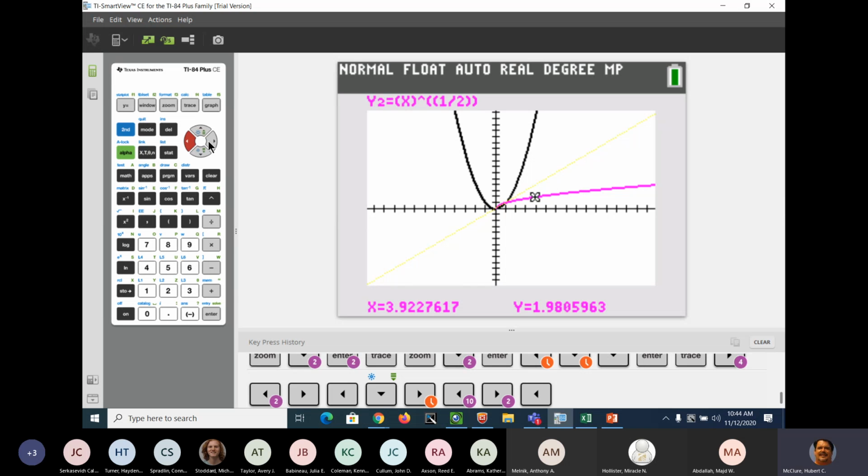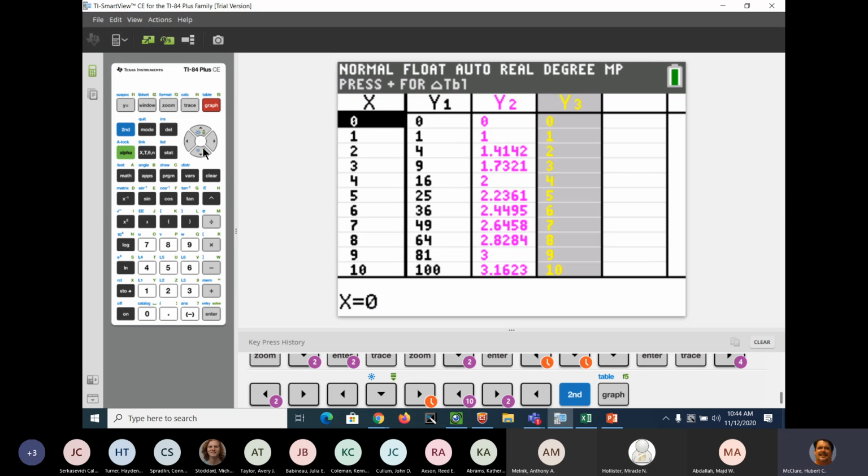Well, 3.92, you see it's getting toward 2. As soon as I get to 4, and you can do it on the Windows, second table, and just go find 2 and 4. 2 and 4 turns around, and I go to 4 on the other, go to 4 and it'll say 2.